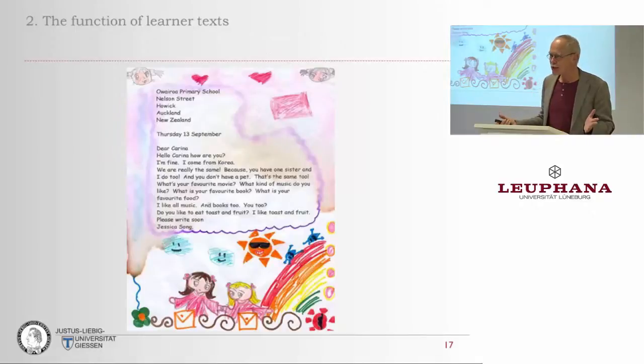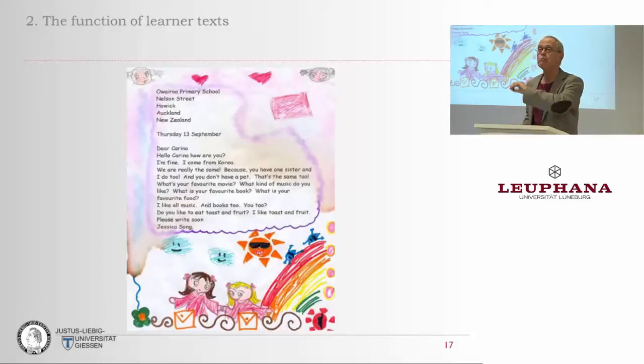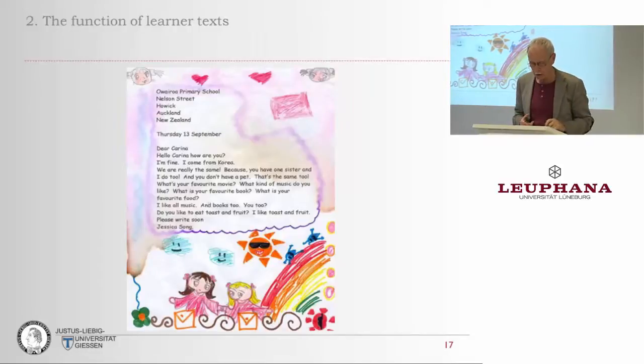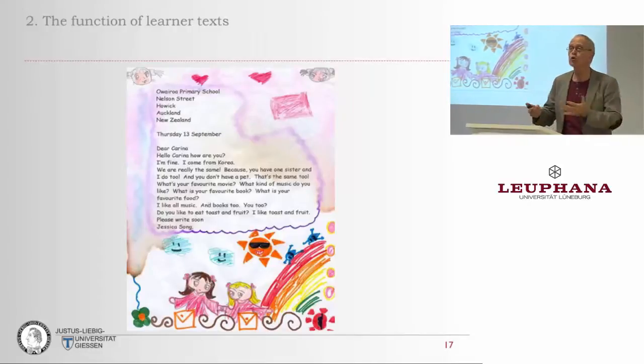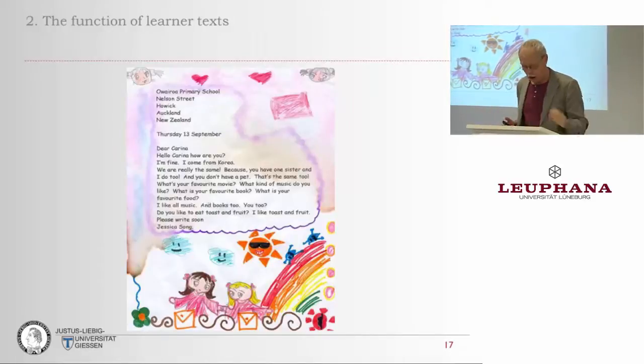Now this is a perfect text talking about a friend, introducing a friend, and the teacher said, wow, this model can be shared with everybody. So Corinna's text was duplicated, handed out to all the other students, and the students could use this as a model. A wonderful learner text. Let's take a quick look at her product, because it's interesting for two reasons.